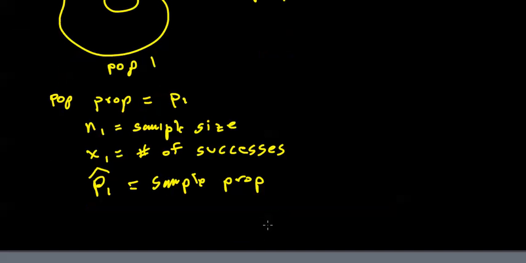And Q1 hat, I'm going to be writing this down to establish some formulas. It's just the probability complement of P1 hat, much like we saw in the binomial distribution.